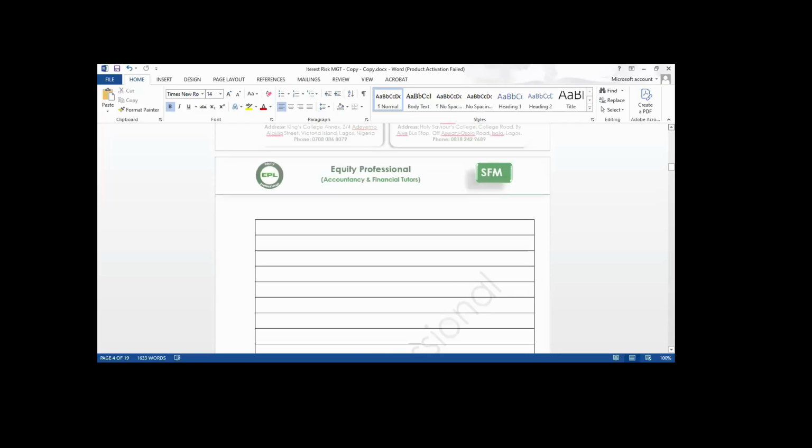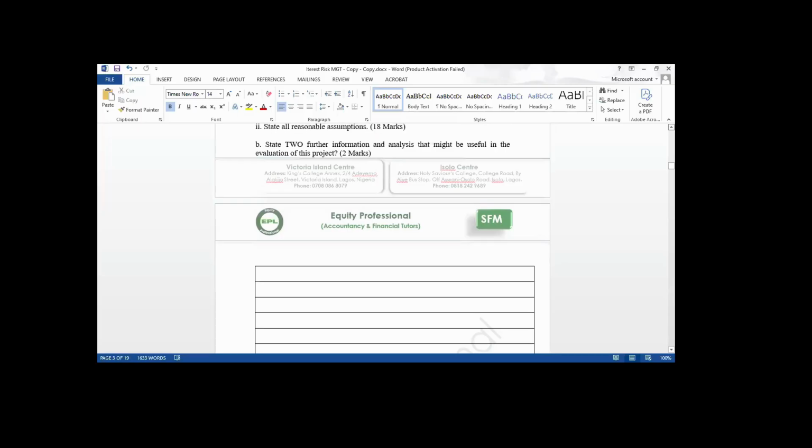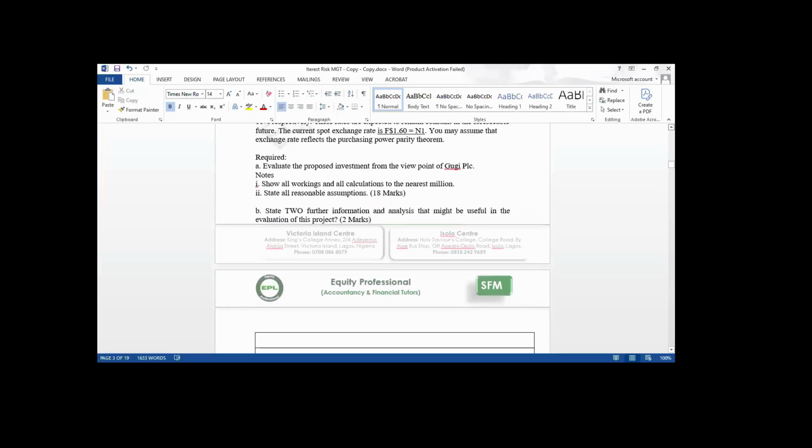If you look at the question, it's an investment appraisal question. But it involves foreign currency. We are required to evaluate the projects from the viewpoint of Google PSC. Google is a Nigerian company.